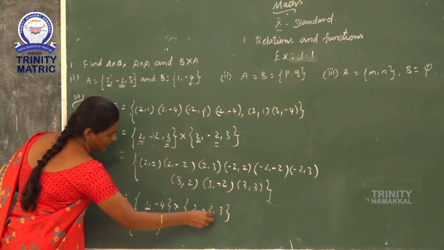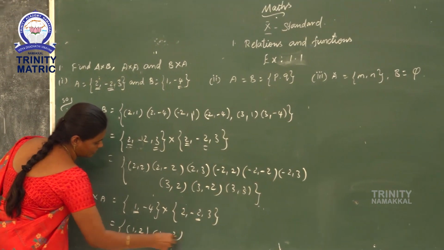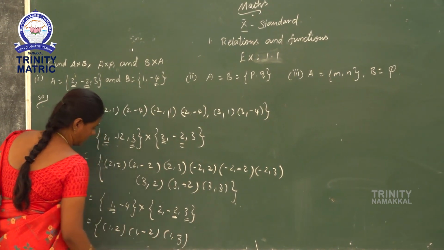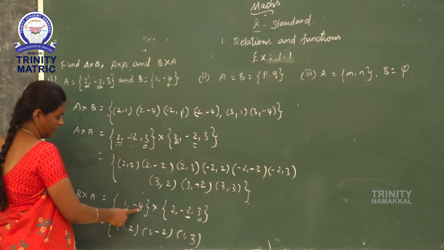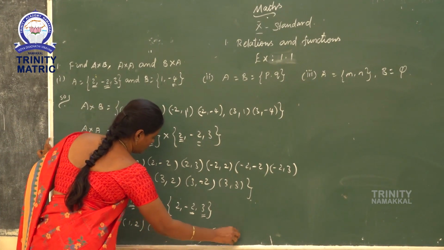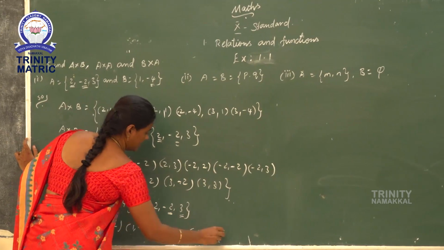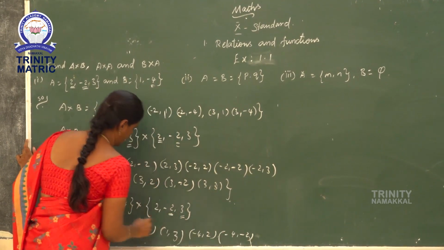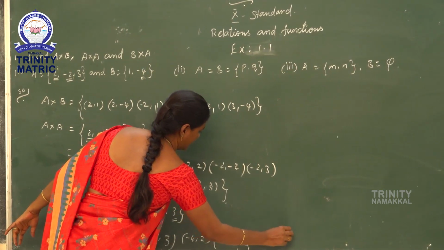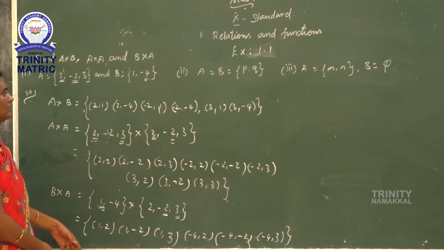We take the first element with the second element: (1, -2). First element with the third element: (1, 3). Then we take the second element from B with the elements from A: (-4, 2), (-4, -2), then we write (-4, 3). This is B cross A.